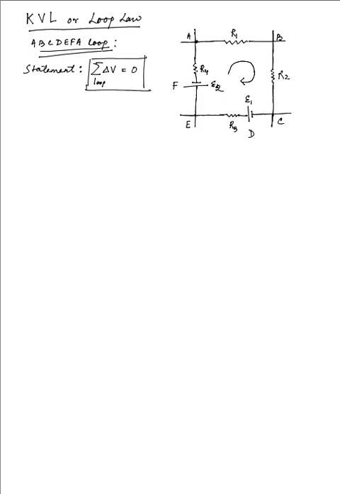In the previous case, when we had the junction law, the net current associated with a junction was 0. Here in Kirchhoff's voltage law, or the loop law, the net potential difference associated with a closed loop, as in this case the loop being A, B, C, D, E, F, A, that completes the loop, over that closed loop the net potential difference has to be equal to 0.